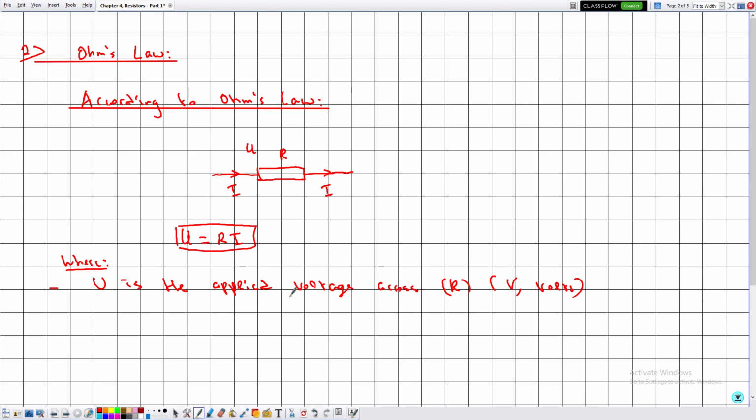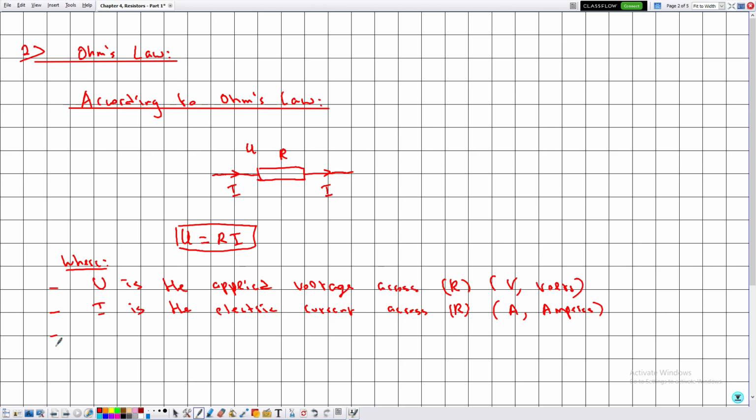So U is the applied voltage or the potential difference, and I is the electric current across R, and its unit is given by A, which stands for amperes.